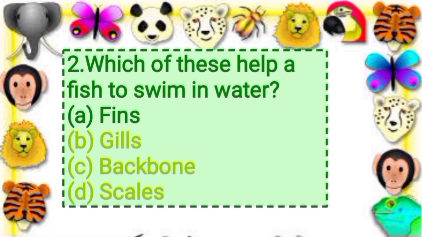The answer is option A, fins. Different animals have different features which help them to fly, walk or jump. In the same way, fish have fins which help them to swim in water.